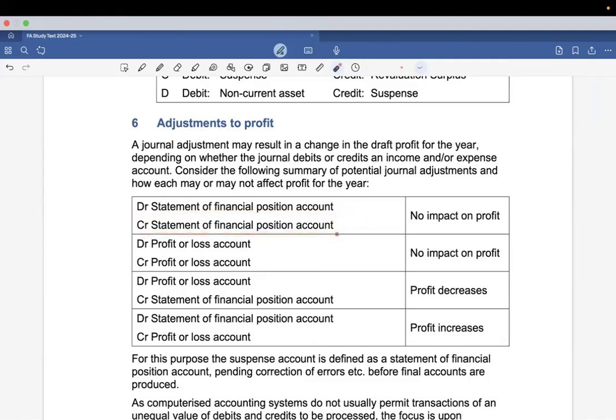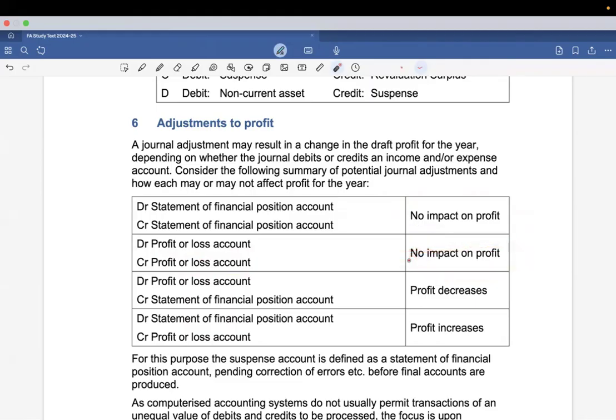Suppose maybe any two assets that are being reversed. Clear? So in that case, there is no impact on the profit. Understood? Now, suppose you have debited an SOPL content and credited an SOPL content, maybe an expense or an income. Then also there is no impact on the profit.